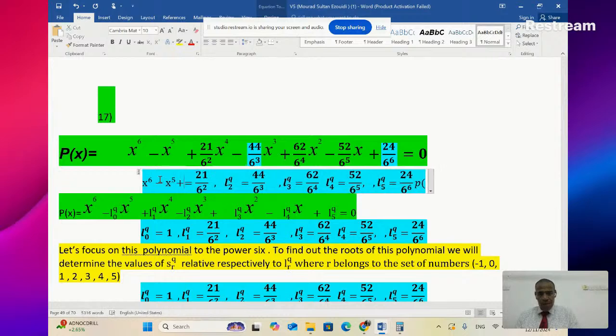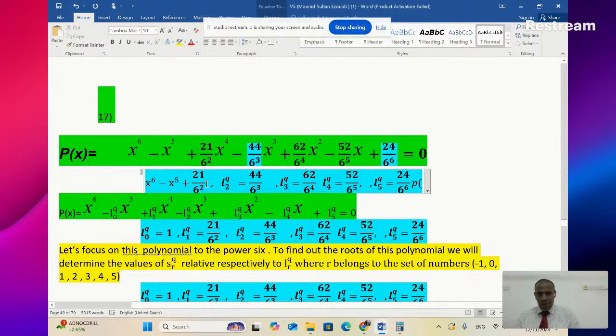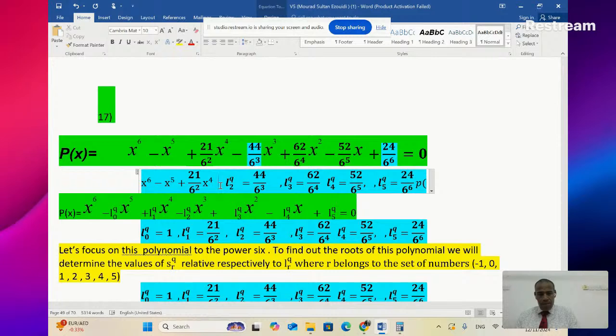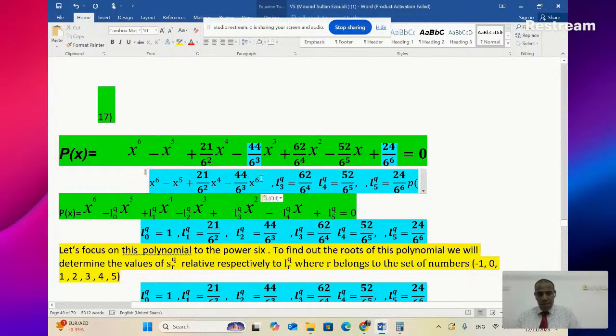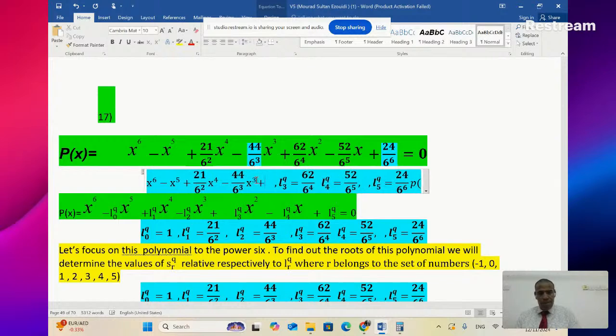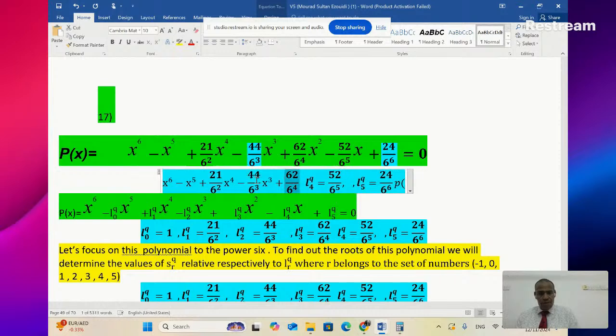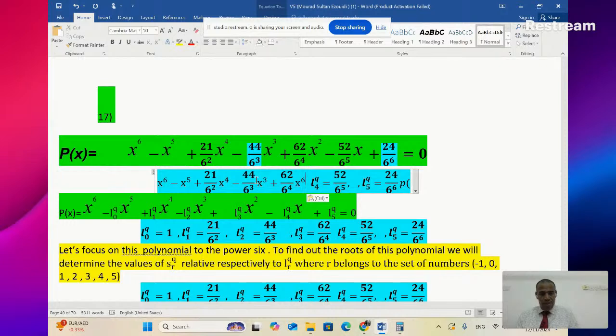Plus 21 divided by 6 squared, x4, then minus, of course, minus L2, which is equal to 44 divided by, I will make here x3, then plus, and 3 is going to be equal to 262, of course, divided by 6 raised to the power 4. I will make x squared.